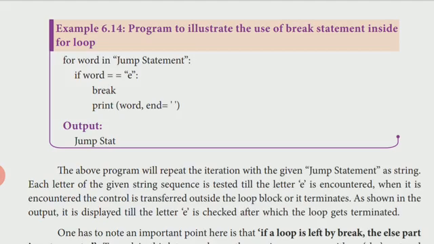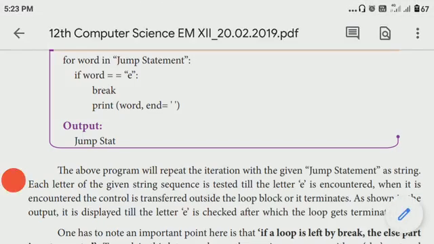In this jump statement, here they gave it as E. That is, when the word is equal to E, we want to break. That is, after the E statement, it will break, stop the process, and move to the next one. So this is break in the for loops.